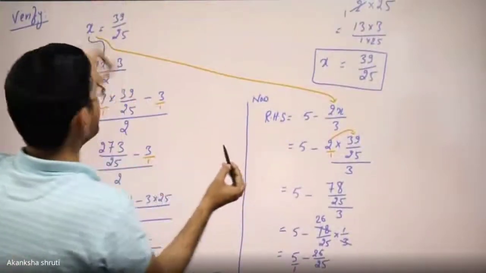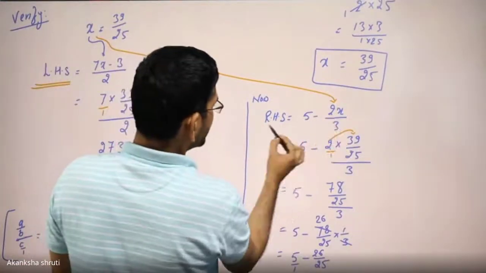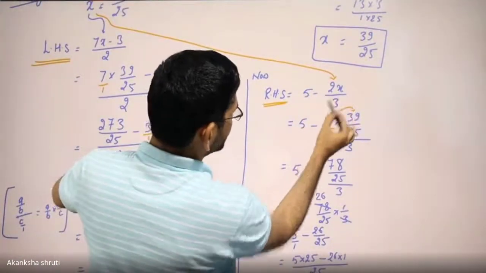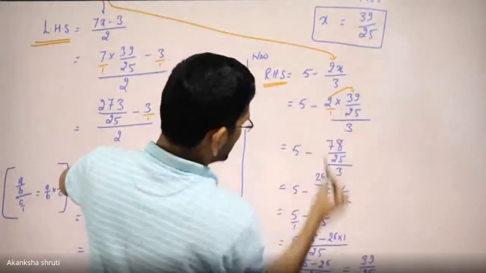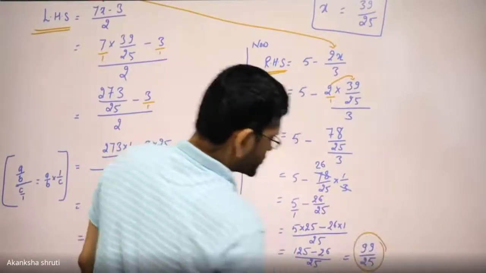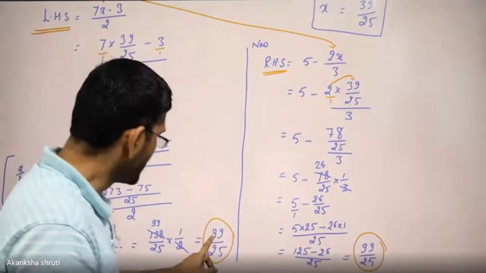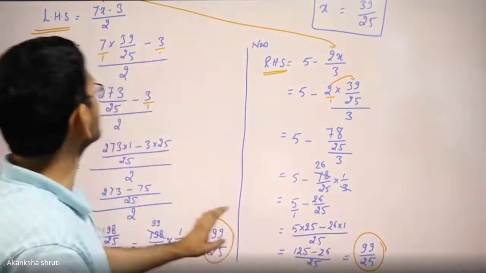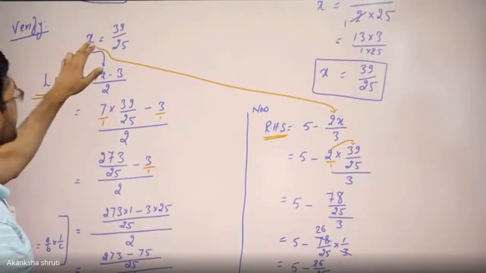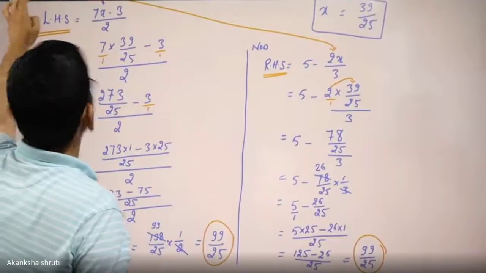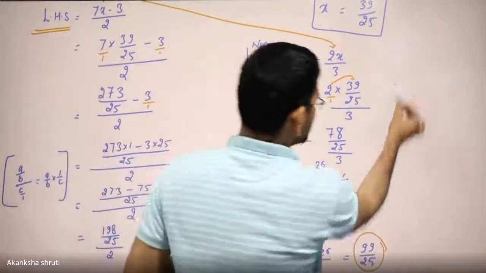The same x was substituted in the RHS, which is 5 minus 2x by 3. With the proper solution, we are getting the answer as 99 by 25. What are we observing? Both the values of LHS and RHS are the same for this solution that we have calculated. So finally, you have to write like this.